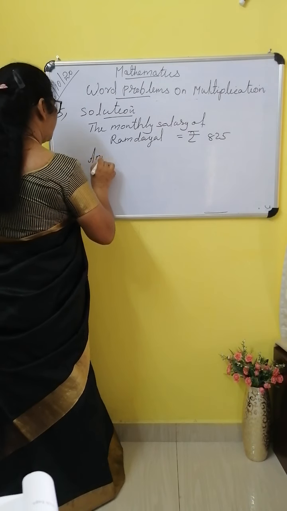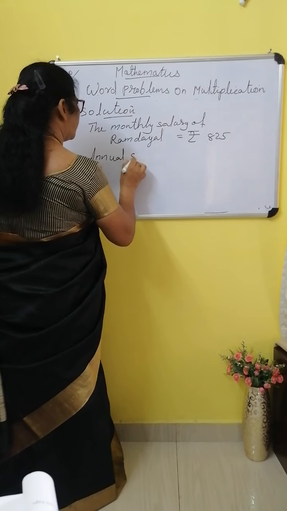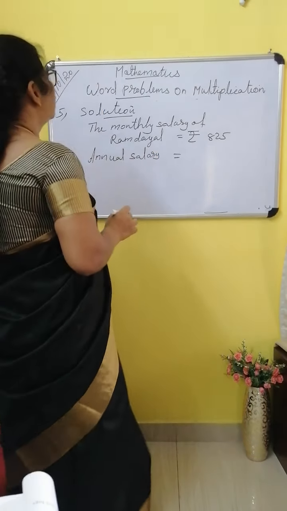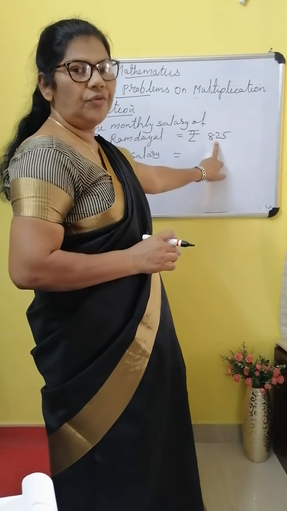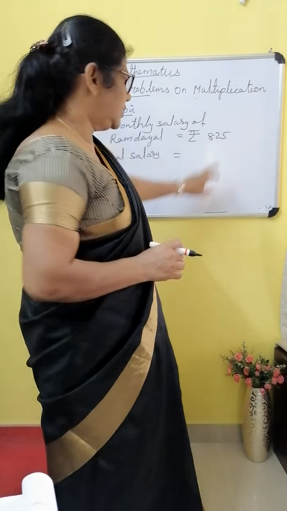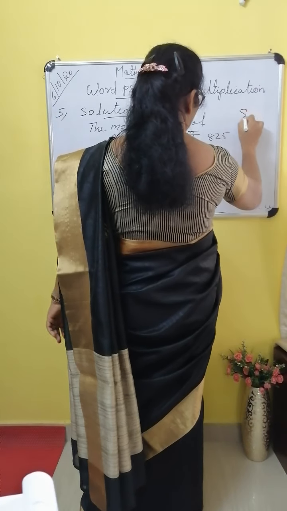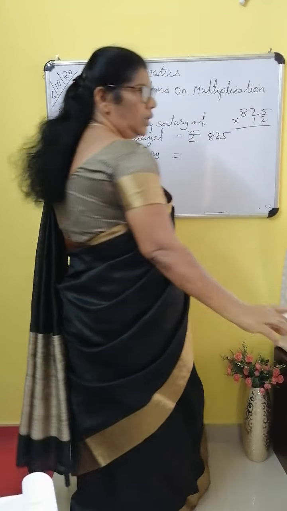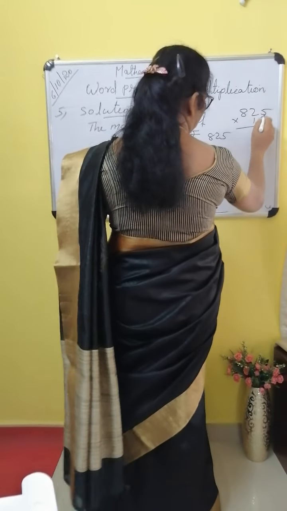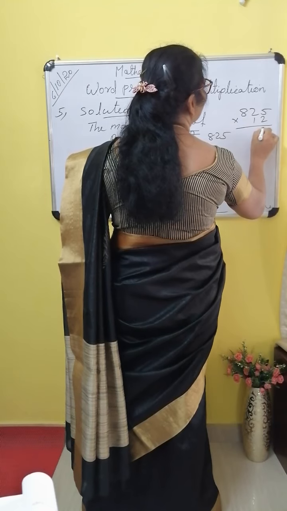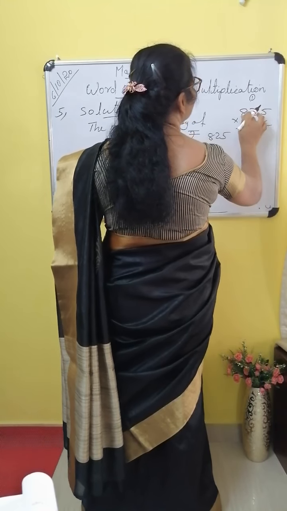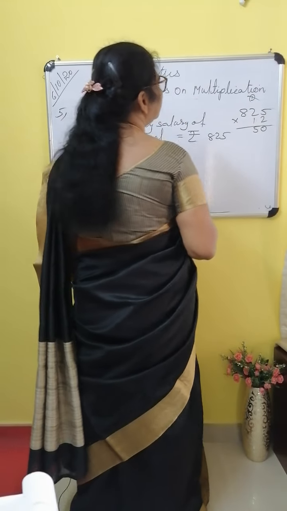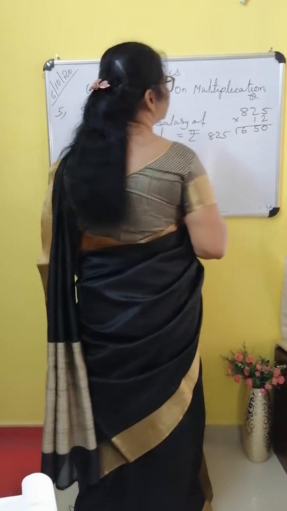Annual salary equal, multiply 825 by number of months. That is 825 into 12. 1 year, 12 months are there. Okay. 2 5s are 10, 0, 1 remainder. 2 2s are 4 plus 1, 5. 2 8s are 16. Okay.